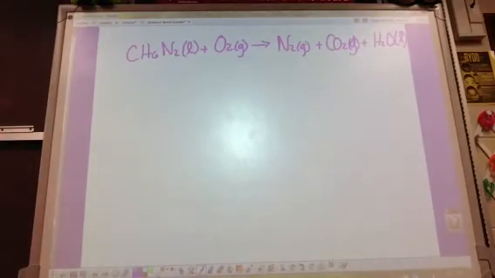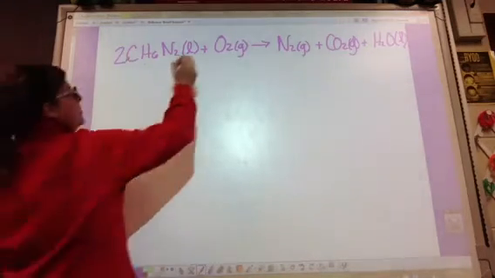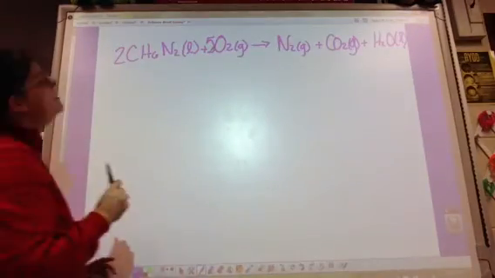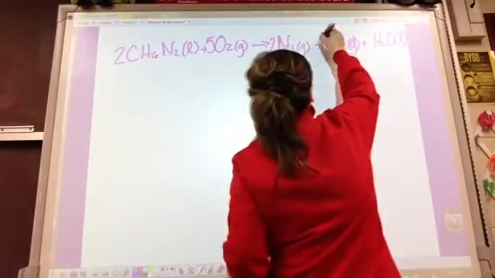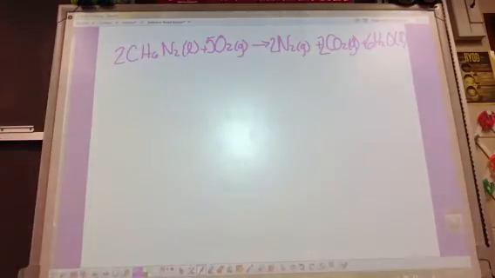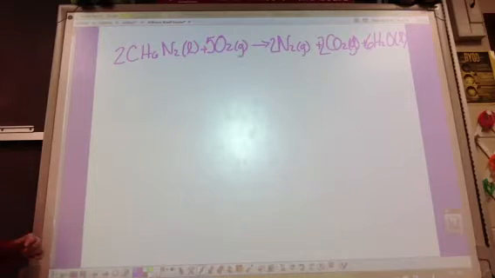But I need to make sure this is all balanced, so 2 here, do a 5 in front of that oxygen, and then it should be 2, 2, 6. So there's my balanced reaction for the combustion of methylhydrazine.